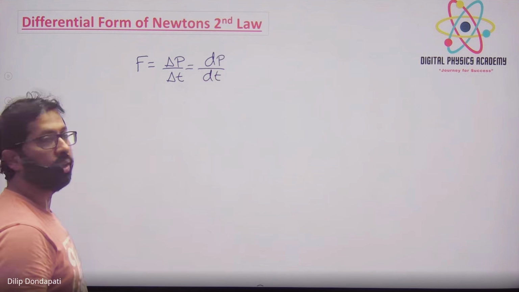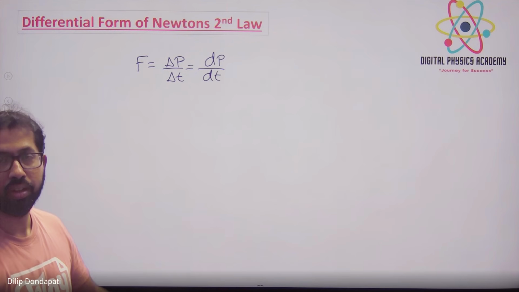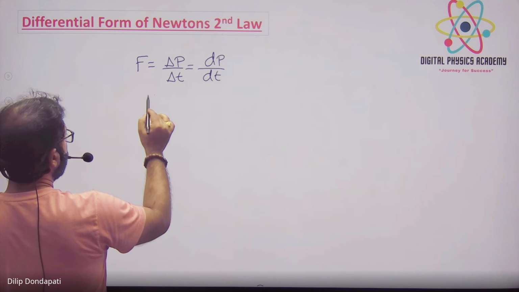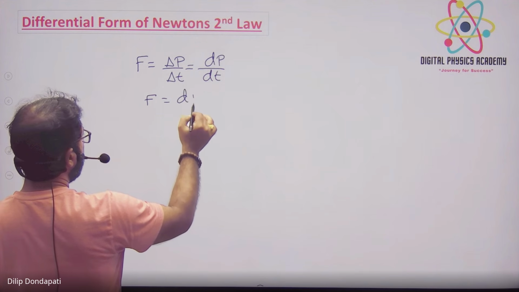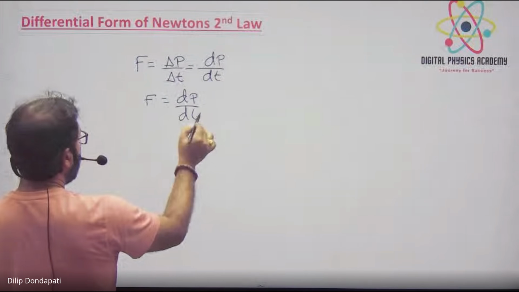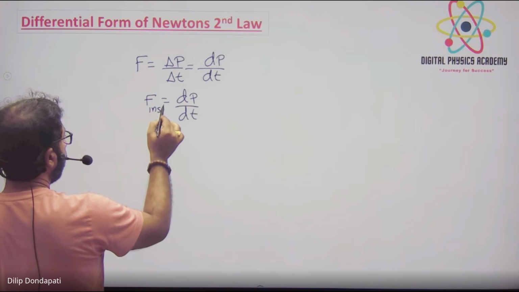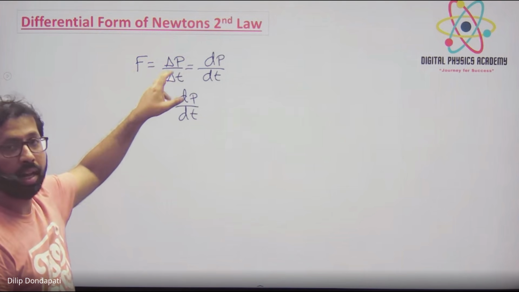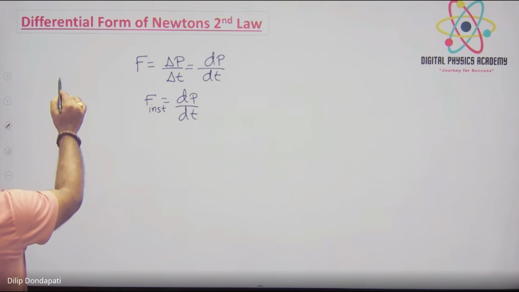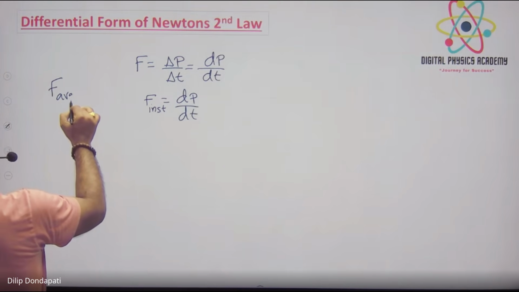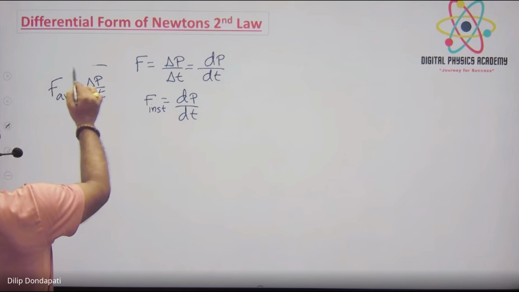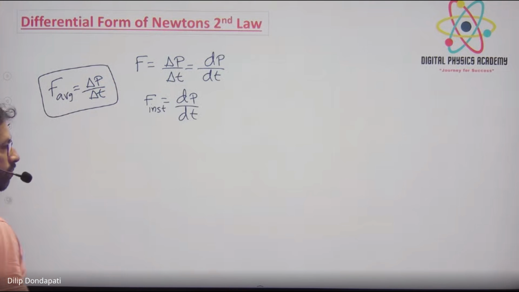So F equal to dp by dt is called force, in differential form, and this is the instantaneous force. Normally F is equal to delta p by delta t is nothing but the average force. Change in momentum by change in time.